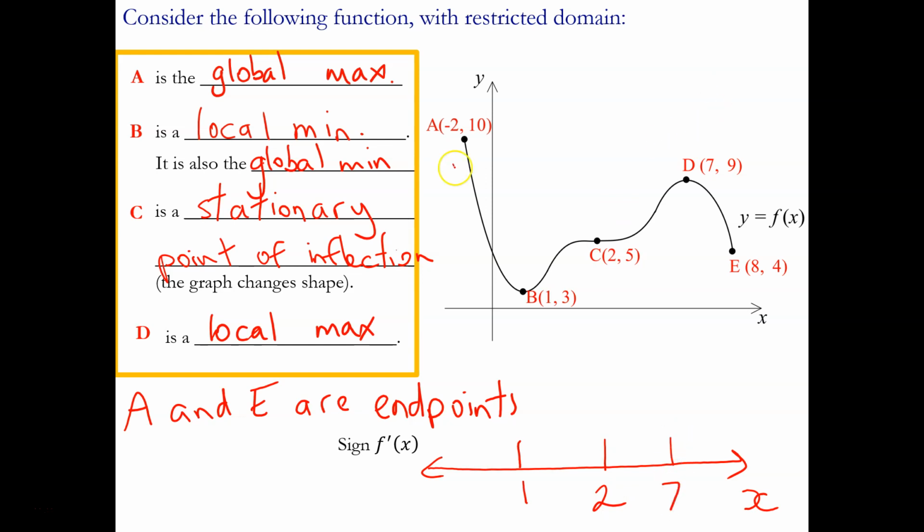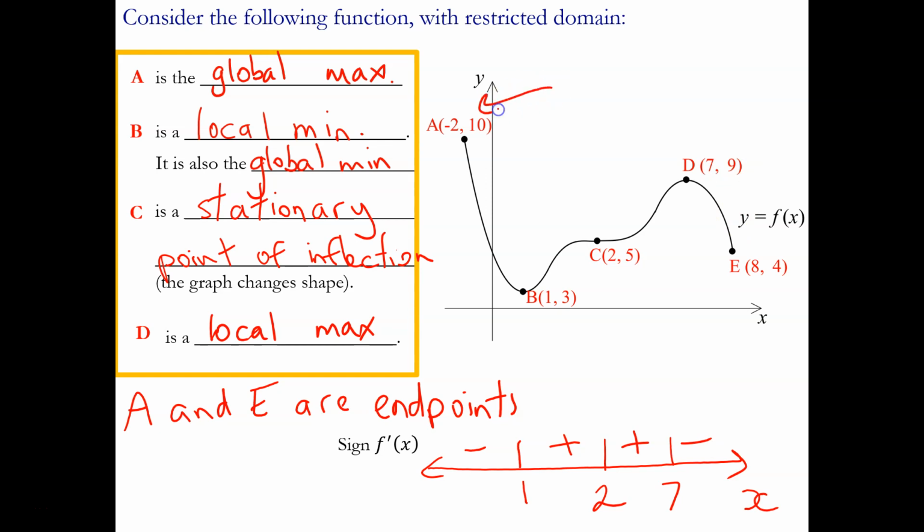The function in this region was decreasing, which means that the gradient is negative. Over here, it's increasing, positive. It's increasing there again, positive. And over here, it's decreasing. But my sign diagram is not complete.